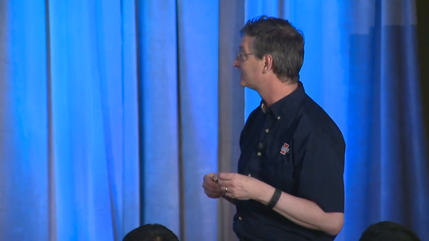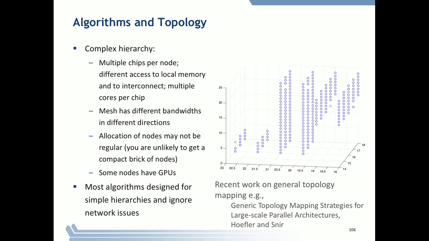Things could be even worse, which you see up here, is that systems that allocate the nodes as they find them may give you something that looks like this. So it's not a brick. It's a collection of nodes with various pieces or occasional holes. This is from the Blue Waters system in Illinois, which is actually the largest system Cray's ever delivered.